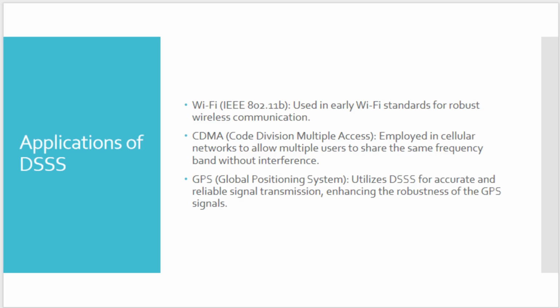So here are the applications of DSSS. It is used for wireless: in the early Wi-Fi standard for robust wireless communication; for CDMA, employed in cellular networks to allow multiple users to share the same frequency band without interference; and in GPS, which utilizes DSSS for accurate and reliable signal transmission, enhancing the robustness of the GPS signal.